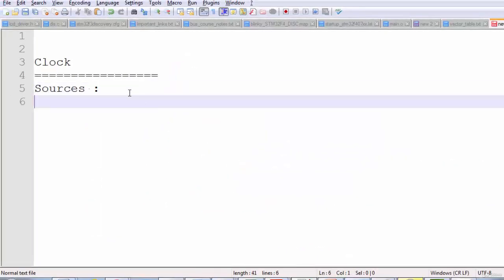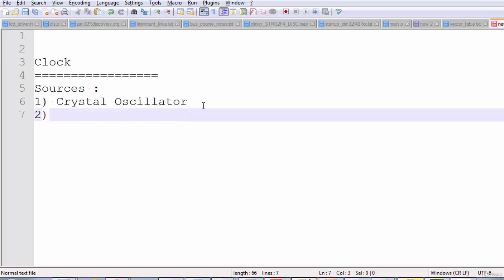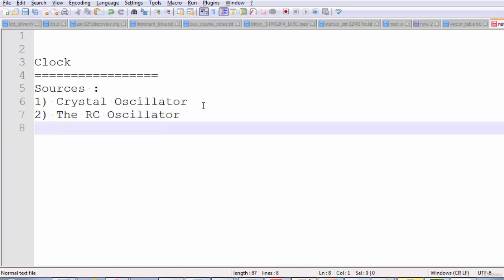So what are the sources? The first one is the crystal oscillator, the second one is the RC oscillator, and the third one is the PLL, which stands for phase locked loop.